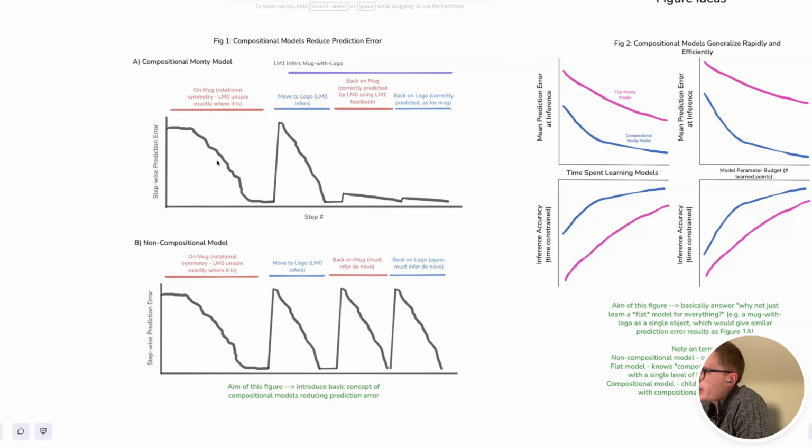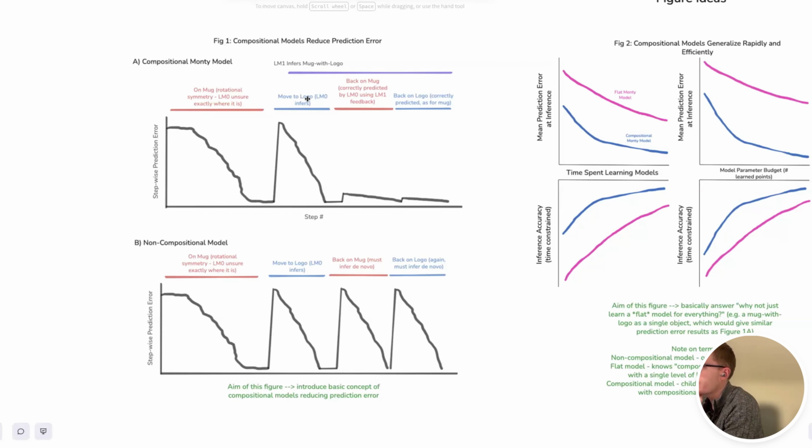You may recognize this one from some of our earlier discussions. As we're on the mug, we gain confidence about where we are until we have a very good hypothesis, and that's our best hypothesis, and it's making great predictions, so we have low prediction error. Then we move to the logo, and up until this point the high-level learning module has no way of knowing whether it's the mug with the logo or not, so it's a bit surprised when it sees the logo, which is this spike here.